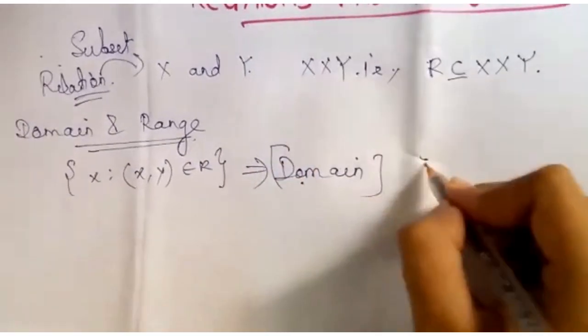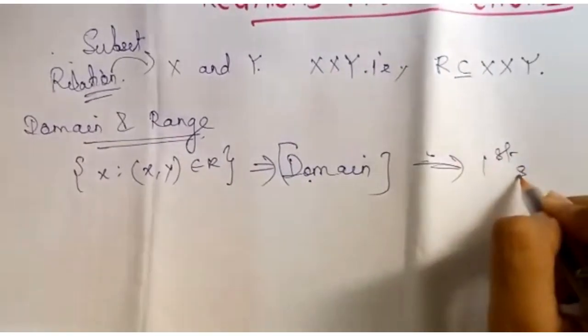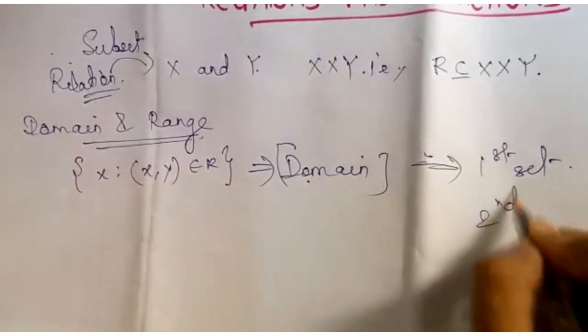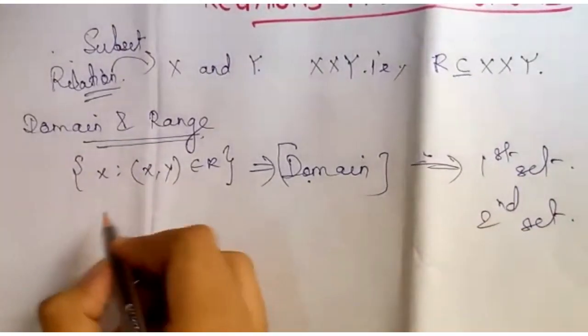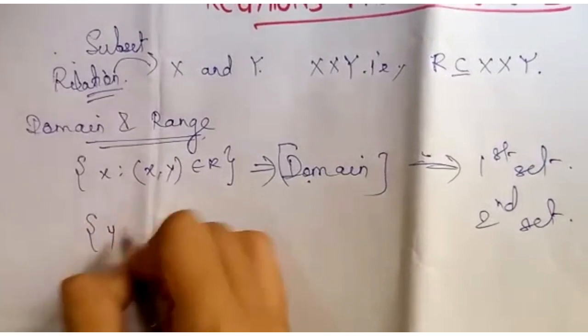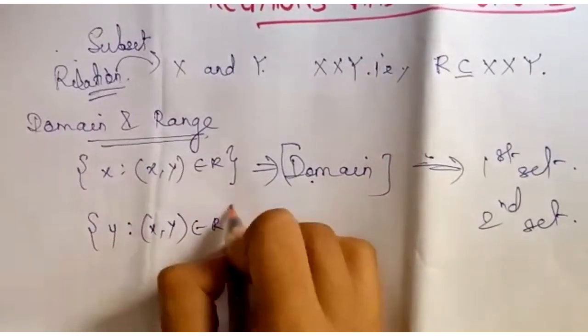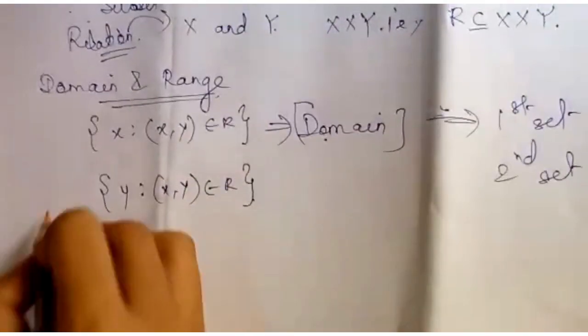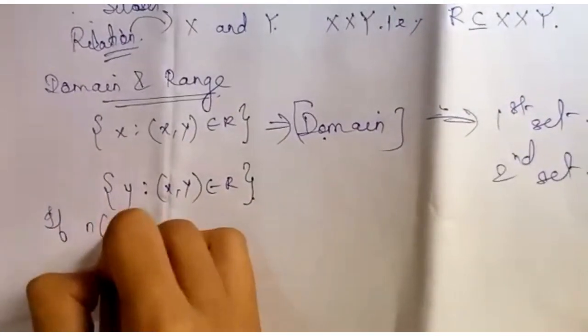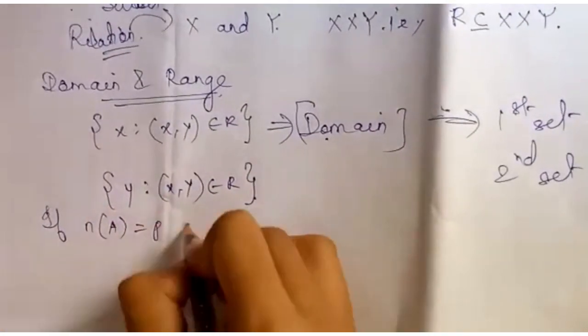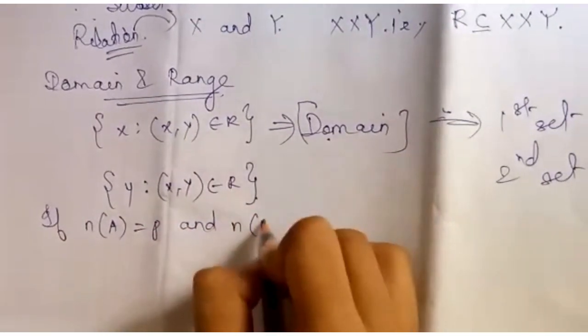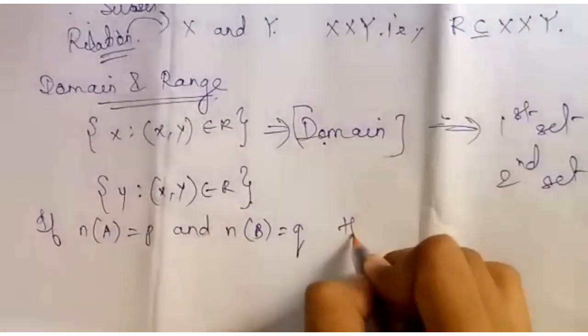And this will be the first set, and the second set will consist of all the second elements of the ordered pairs, that is again (x, y) in R.